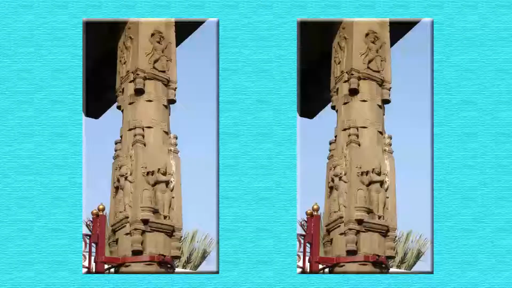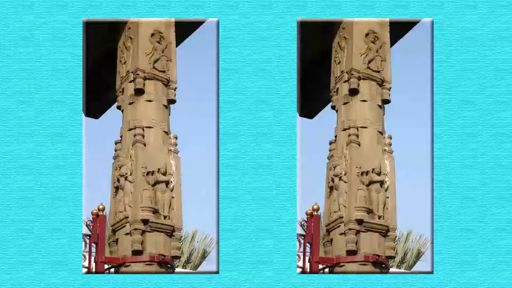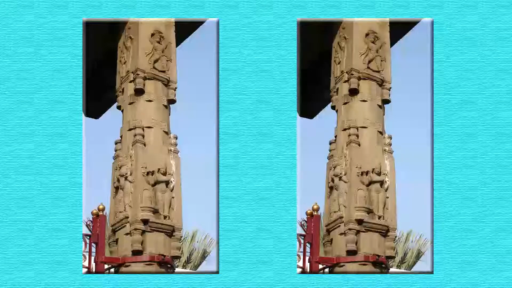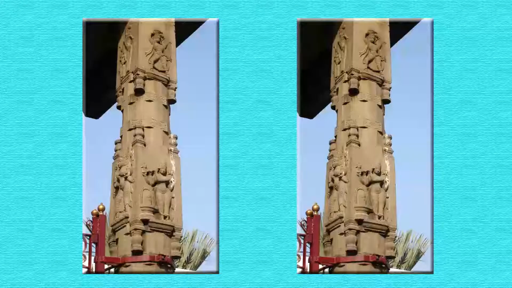Perhaps this was the most basic reason to have sculptures on the pillars, on the ceilings, on the brackets, on the walls of the temples, interior walls, exterior walls. Now, apart from adorning the walls and the pillars with sculptures, there might have been some religious and auspicious reasons as well, which we shall discuss later on in some later modules.